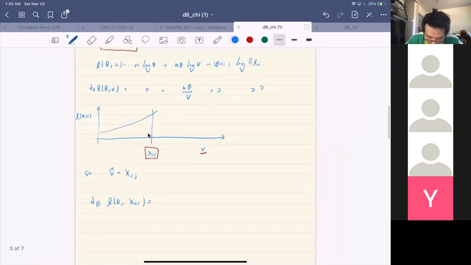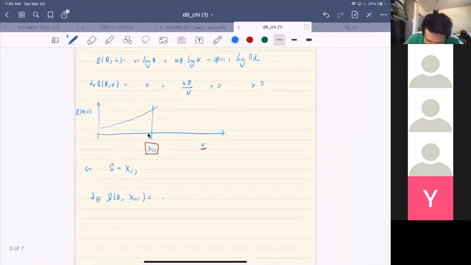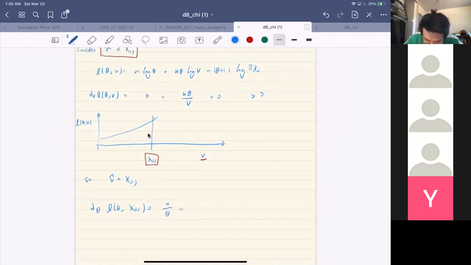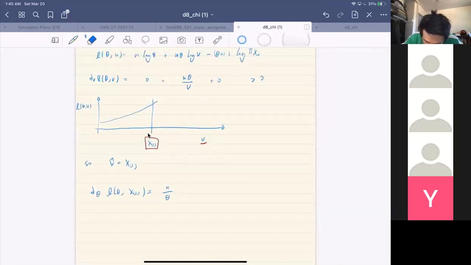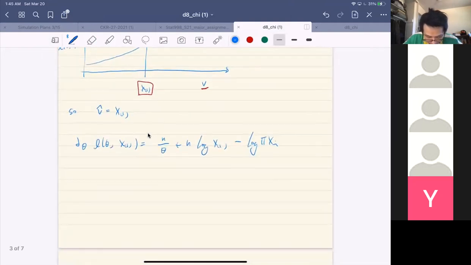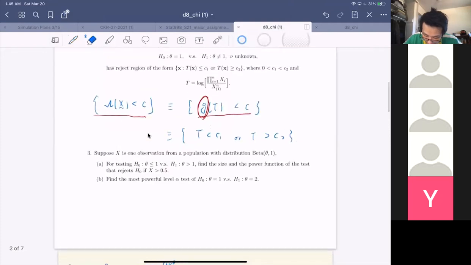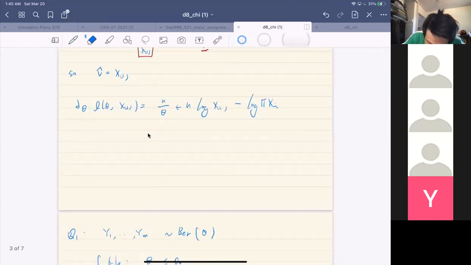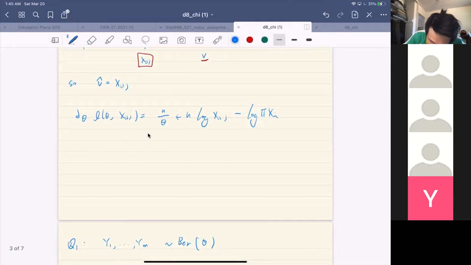That would be n over theta plus n log S1 minus 4 times I. So we can solve this.